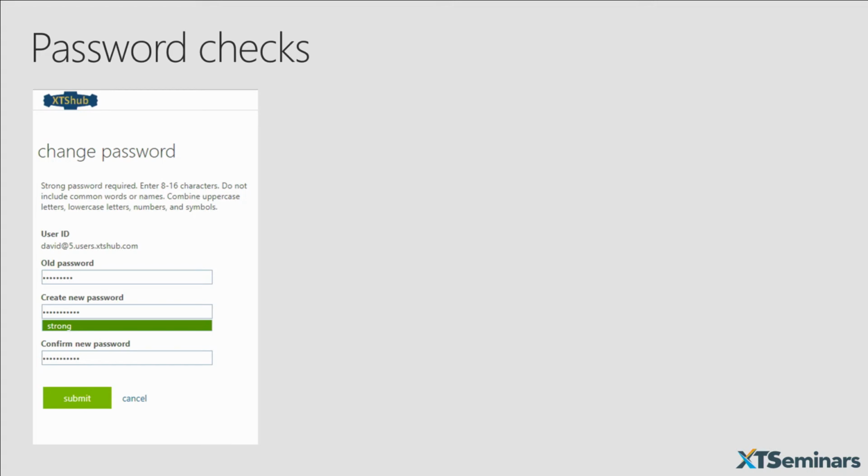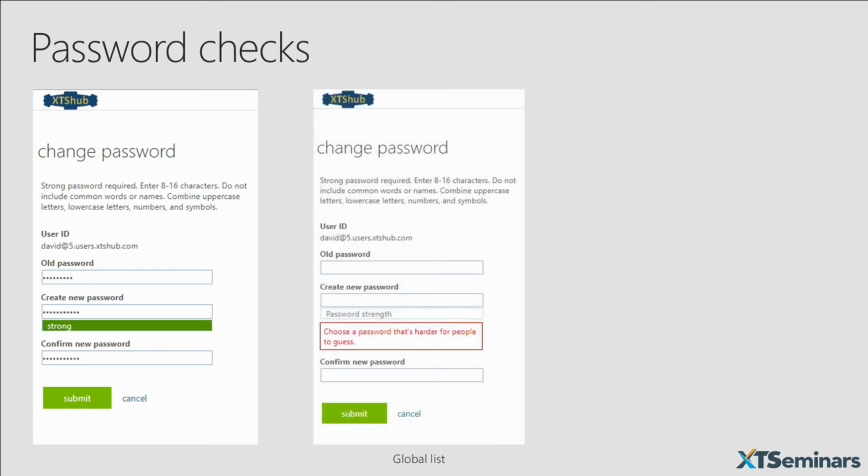The next thing that happens, having got this far and put in our new password, is that it's checked. The global password list is always running. So what it's saying here is choose a password that's harder for people to guess. It sort of gives it away a little bit, because this is coming out of the global list.